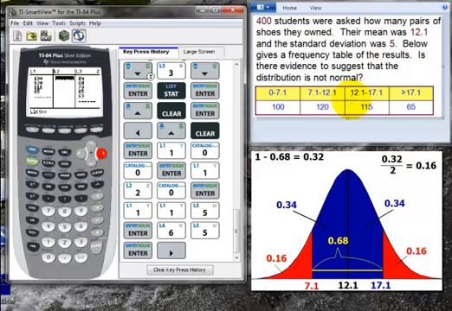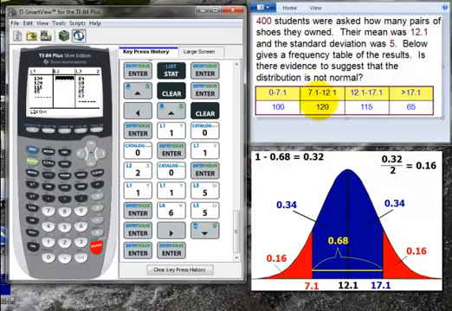So we would expect 34% of the sample to lie within 7.1 and 12.1. So in these two intervals, between 7.1 and 12.1 and between 12.1 and 17.1, because of the symmetry of normal distributions, that should be 34% of the data each.